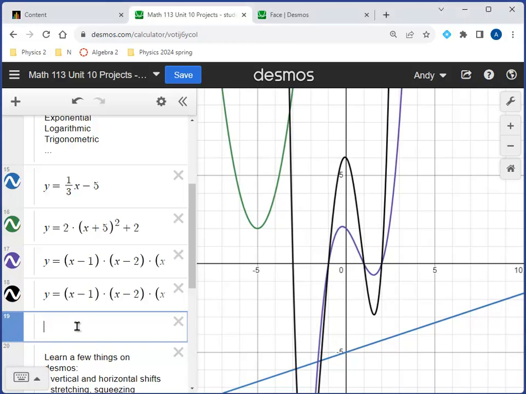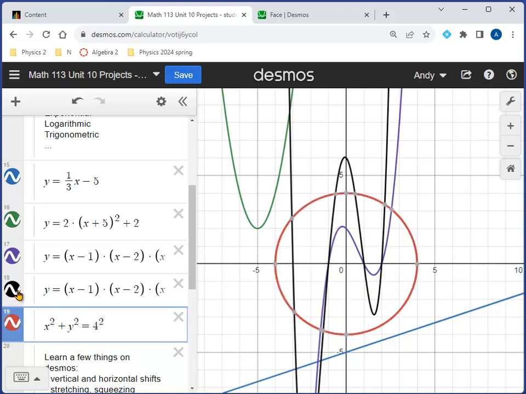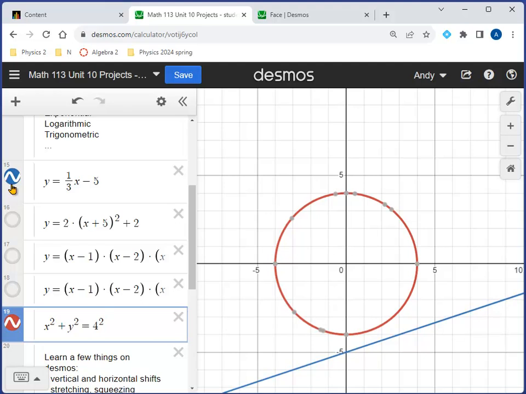The circle would be really easy to type. There it is. All right. I'm going to turn the others off here for the time being. There we go. Notice what's different now is I have the x squared and the y squared.